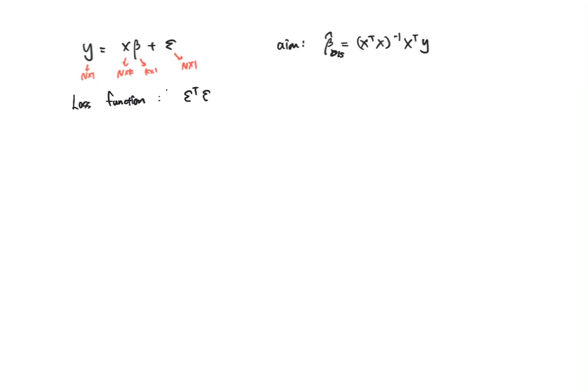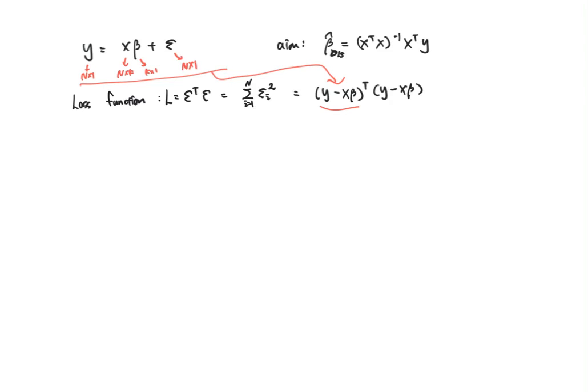I will call this function L, and this is equal to the summation from 1 to n of epsilon i squared. Or of course we can just write (y minus x beta) transpose times (y minus x beta). This comes from here, so epsilon is equal to y minus x beta.